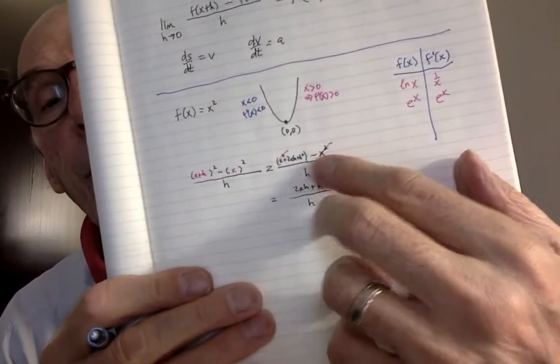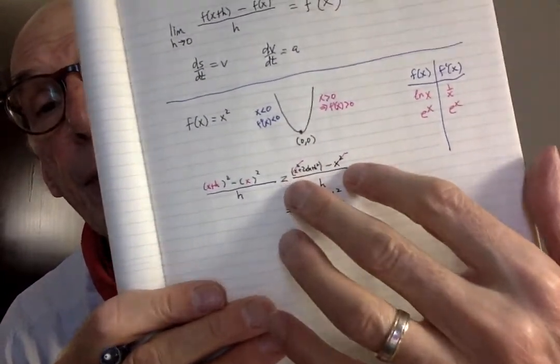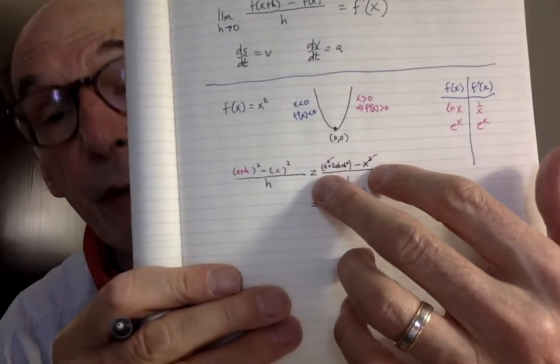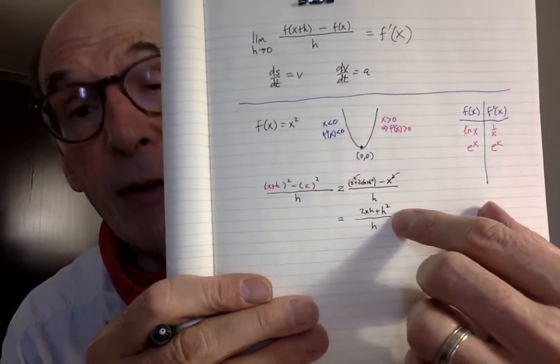So I've done the algebra, subtracted off the original function because it appears twice with different signs, and we're left with 2xh plus h squared, which we can factor, and I will do so. So the bottom is still h. We haven't done anything to the bottom. That's nice. And when we factor 2xh plus h squared, what we get is 2x plus h.